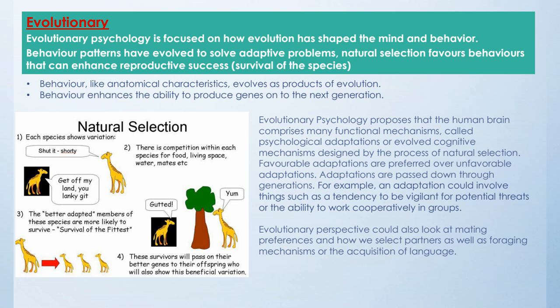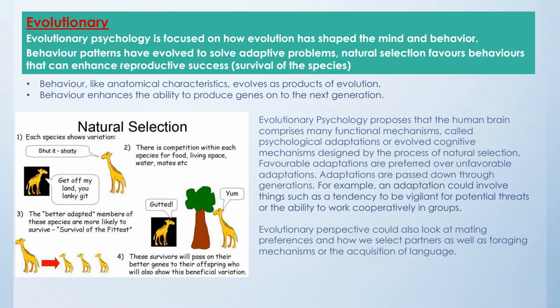There's an evolutionary component. So behavior, like anatomical characteristics, evolves as a product of evolution. Our behavior enhances the ability to produce genes for the next generation. So that process you hear about of natural selection, evolutionary psychology supports that. It supports that our behaviors are trying to keep us alive, to reproduce for survival of the species, and we have adapted over time to accommodate various evolutionary events that have taken place.